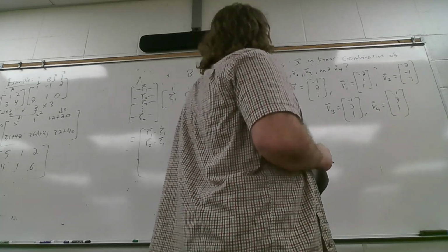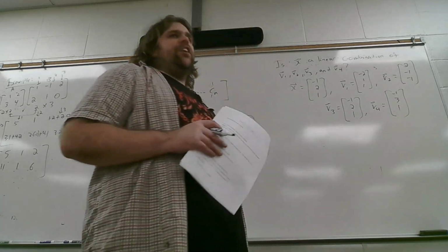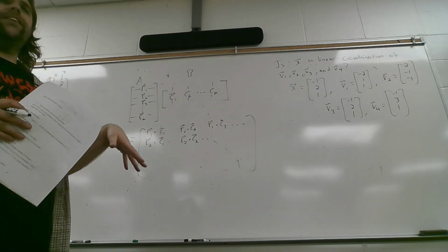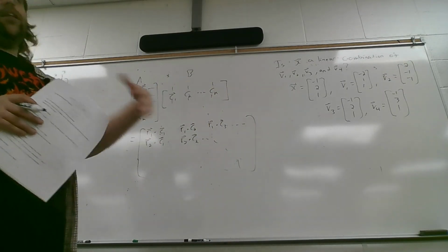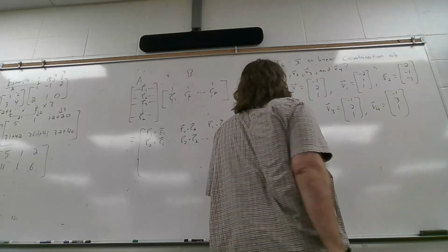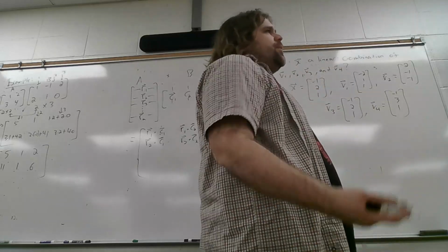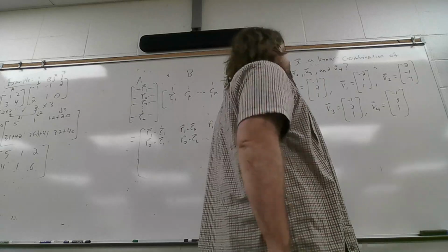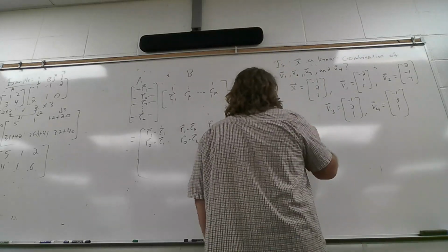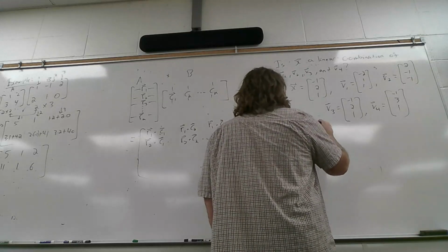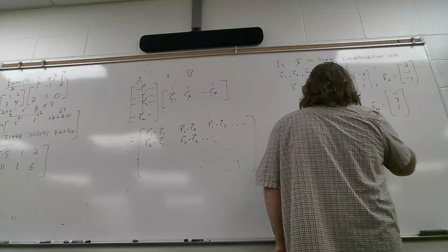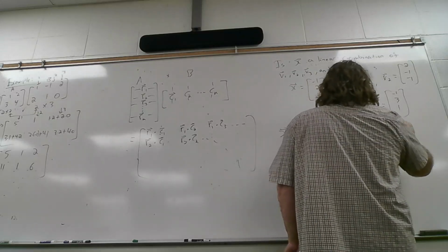So what that ultimately means is you flip back and you look at definitions. You're like, what does that definition mean? And then you write it down and you're like, okay, I know what that definition means. Now that helps me solve the problem. So in this case, it says, is X a linear combination of these vectors? And then you're like, oh, what does linear combination mean? And you look through your notes and you say, oh, linear combination means X has to equal some number times v1 plus some number times v2 plus some number times v3 plus some number times v4.